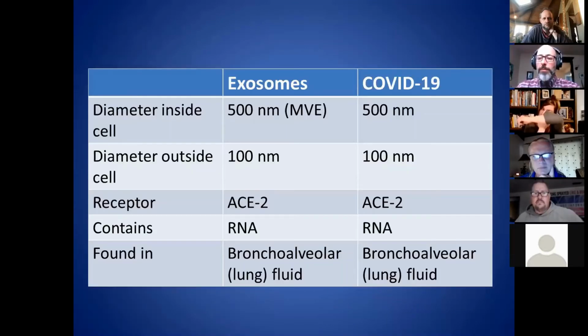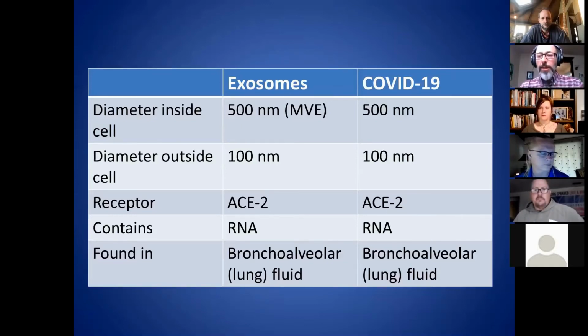In this paper, what they said is that this receptor is actually how the virus invades the cells. Now, I also was able to find a paper where they've identified exosomes coming from our own body that also use the ACE2 receptor as their lock and key mechanism to find their target cells.